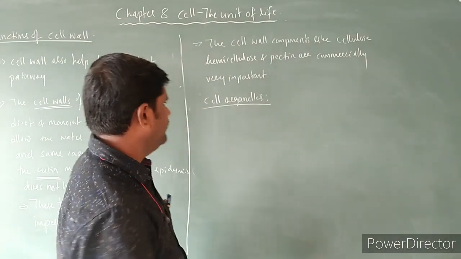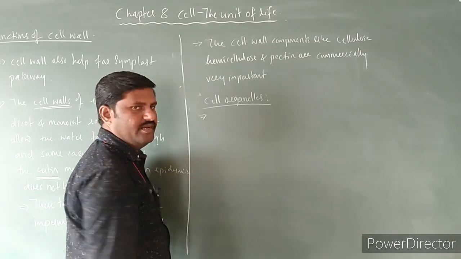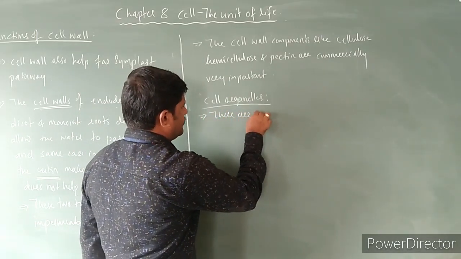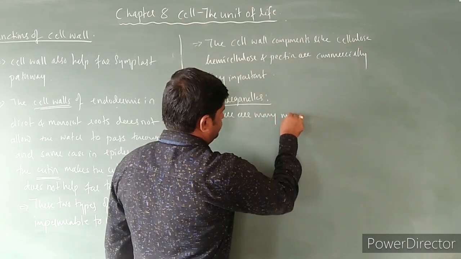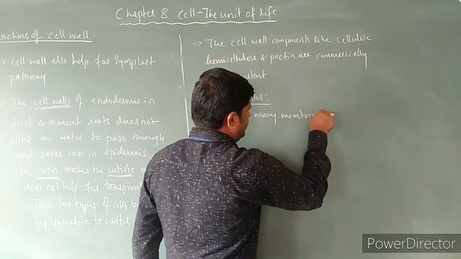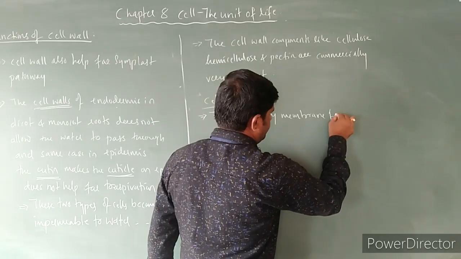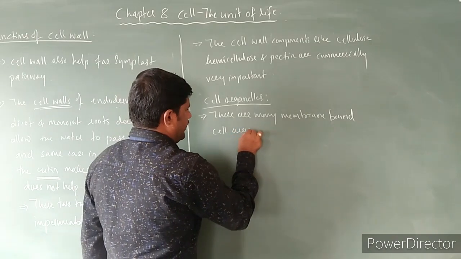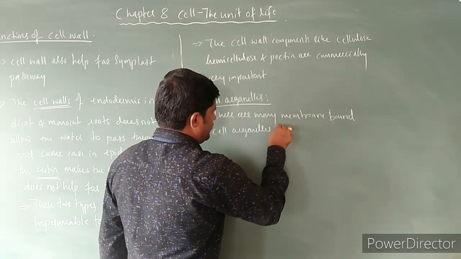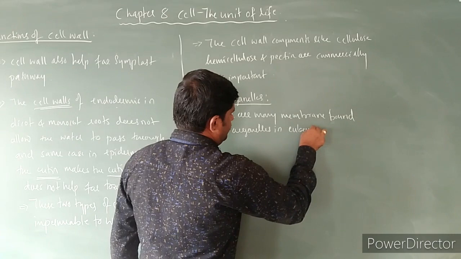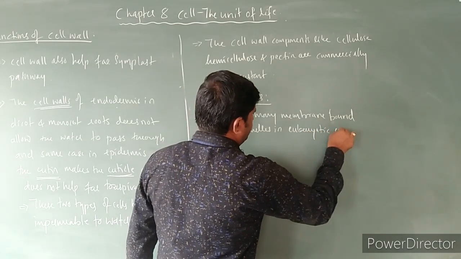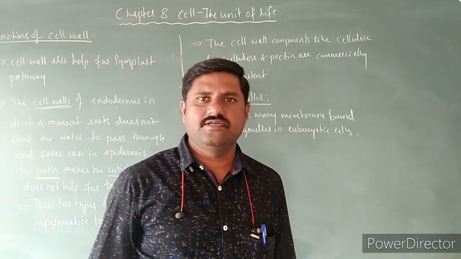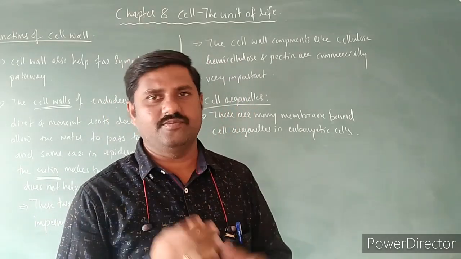So you know there are many membrane bound cell organelles in eukaryotic cells. In eukaryotic cells, in the sense that both in plant cell as well as animal cell.